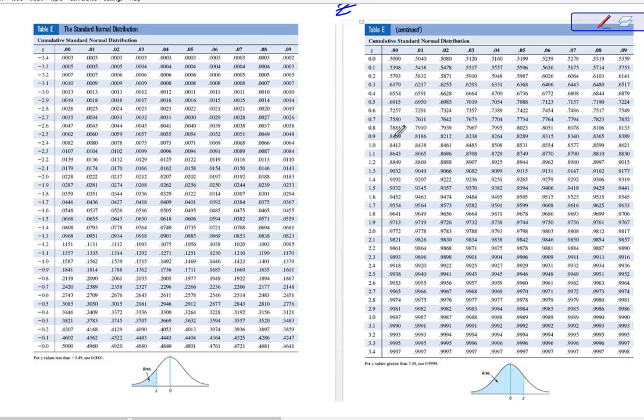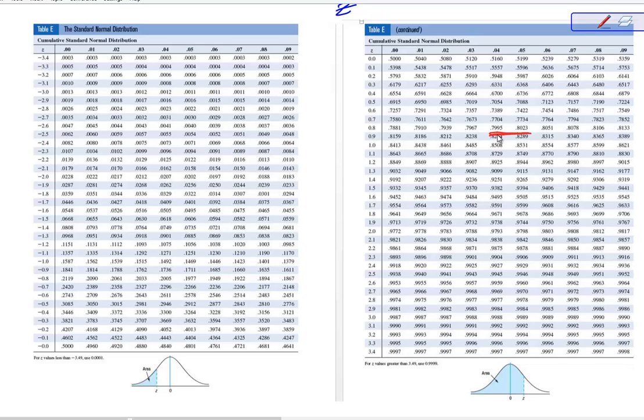Here's 0.7, here's 0.81, so I need to be in this row right here. Here's 0.79, 0.79, 0.79. Here's 0.8023. If I look at this, I can't find exactly 0.80. I can find two numbers that it's in between.